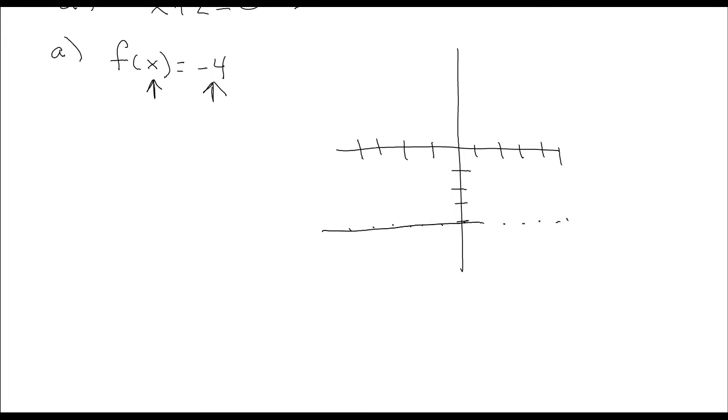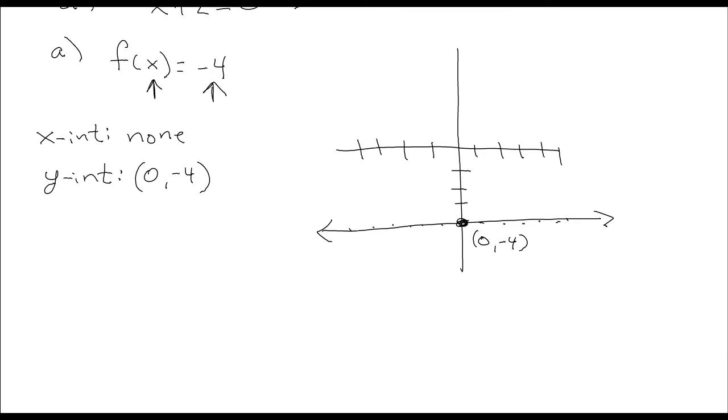So the graph of this is just a straight line. The line I just drew never crosses the x-axis, so x-intercepts, none. For the y-intercept, it's right here at 0, negative 4.